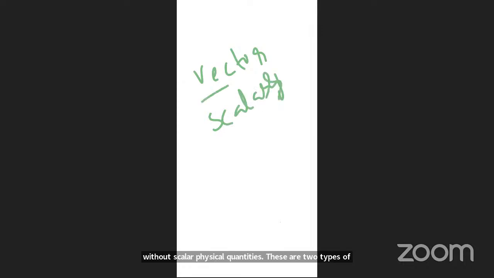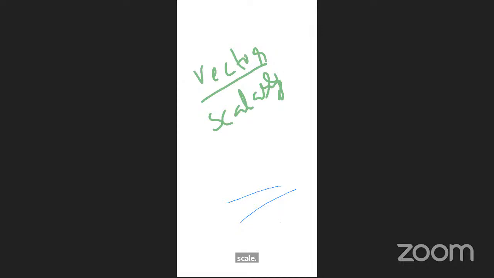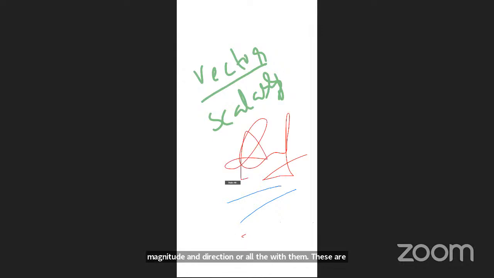What is a vector and what is a scalar? A vector is a physical quantity which has both magnitude and direction.